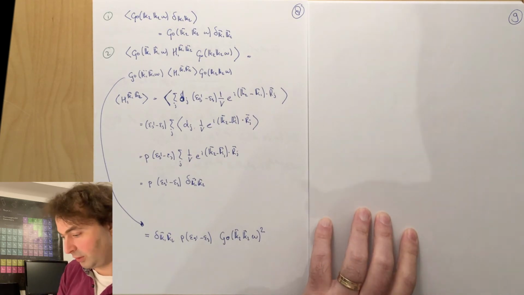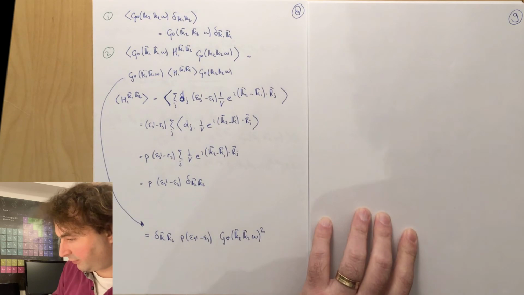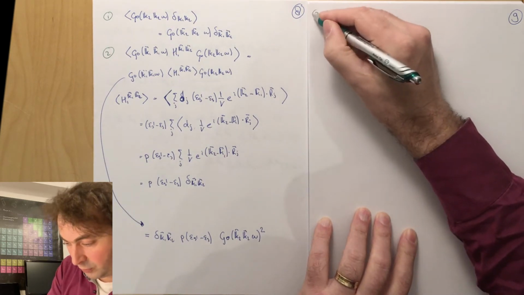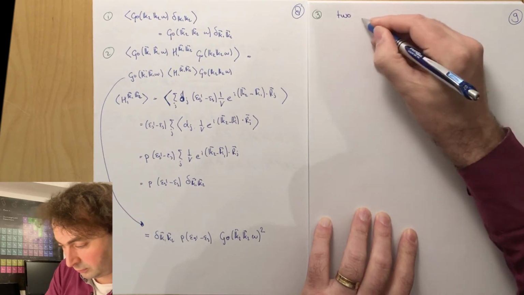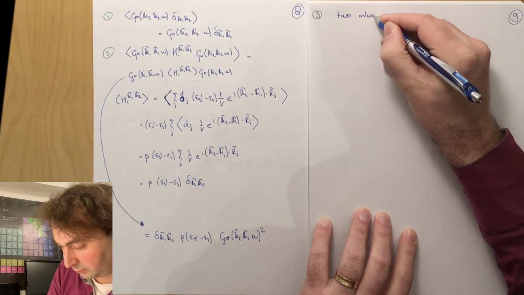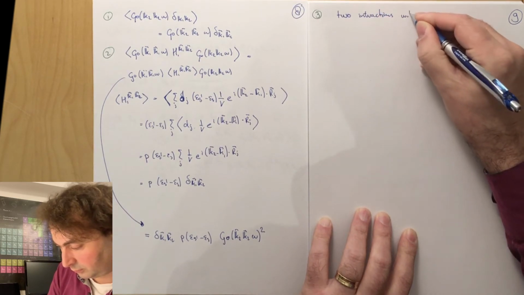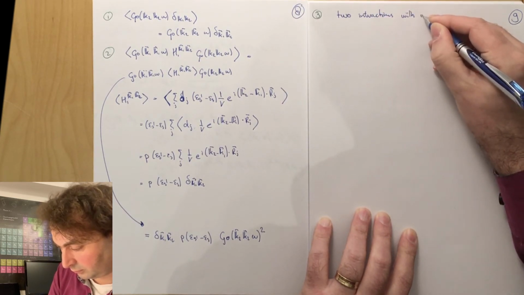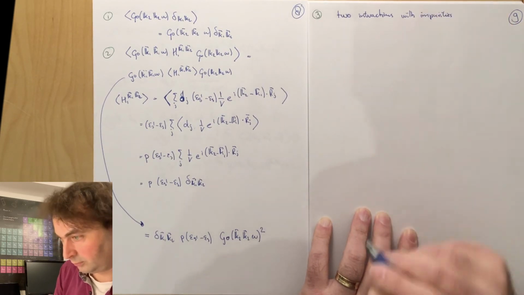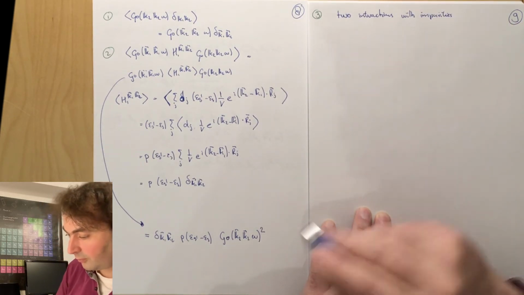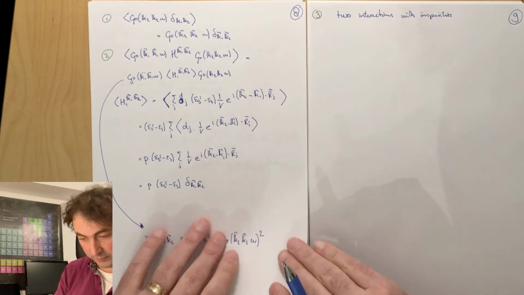Now let's have a look at the case where we have two scatterings, two interactions with the impurities. And for this we have to separate two different cases.